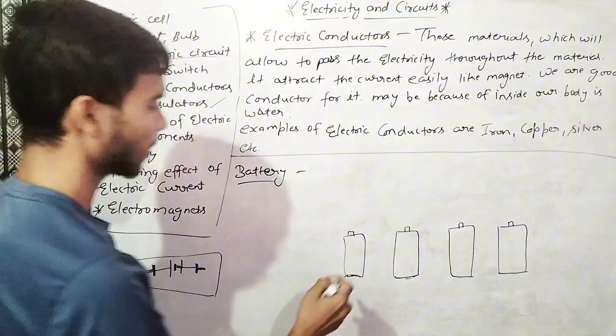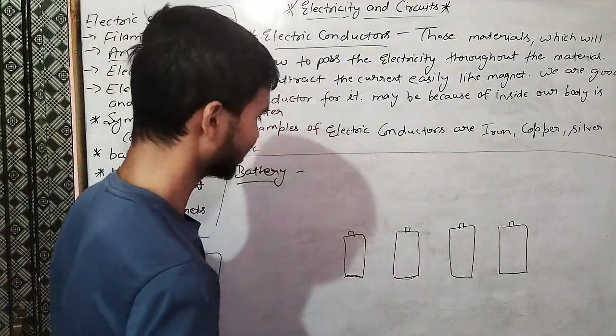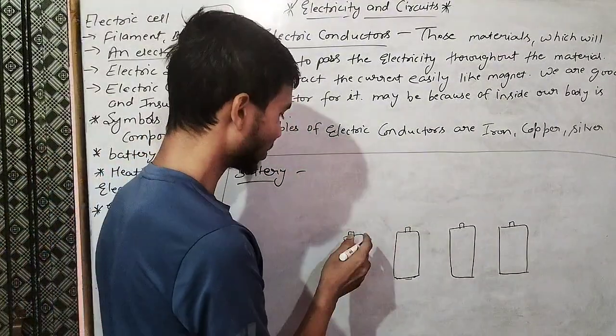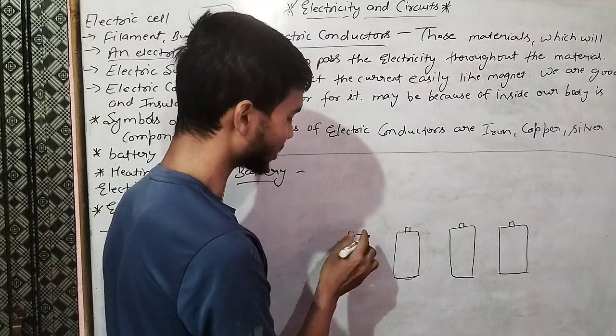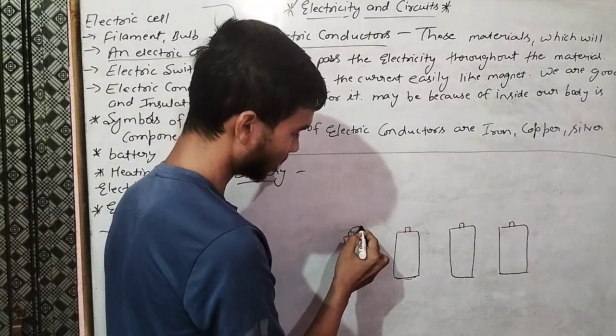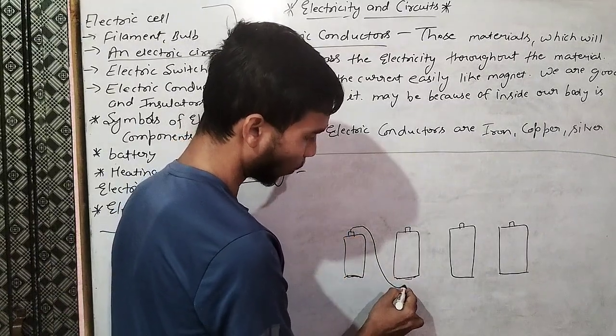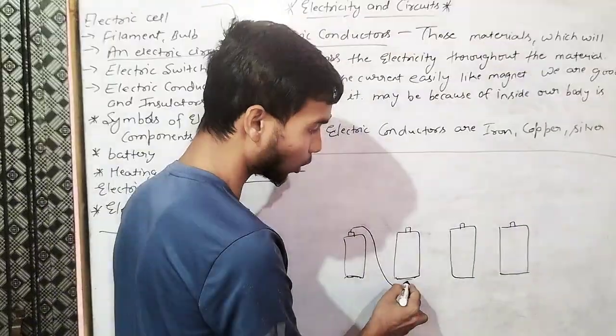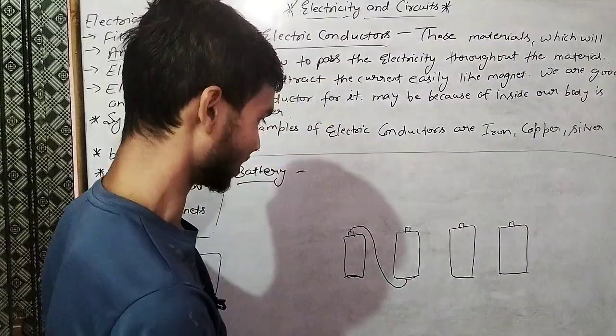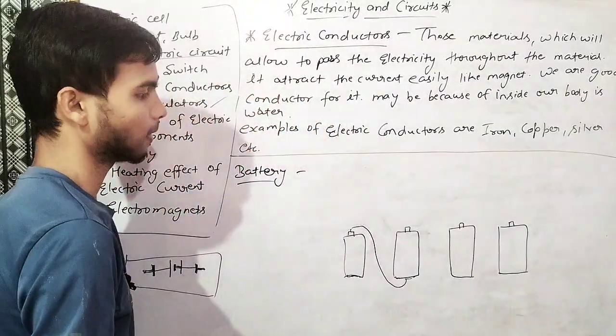These are cells. One wire: the positive terminal of this cell will be connected with the negative terminal of this electric cell, like this. This is a wire. Okay.